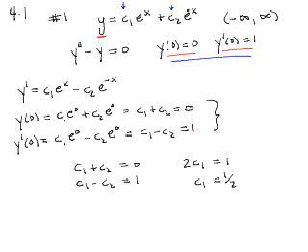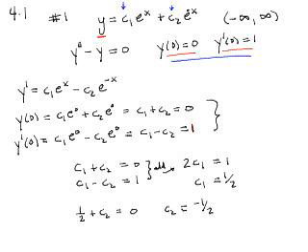Now, if I know C1, then it's easy to get C2, because from equation 1, 1/2 plus C2 equals 0, giving me that C2 must be equal to minus 1/2.